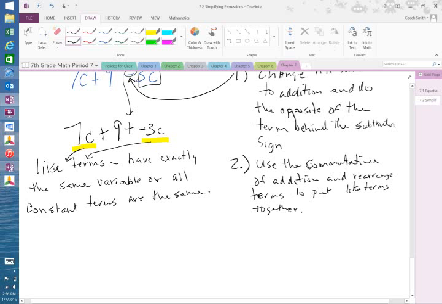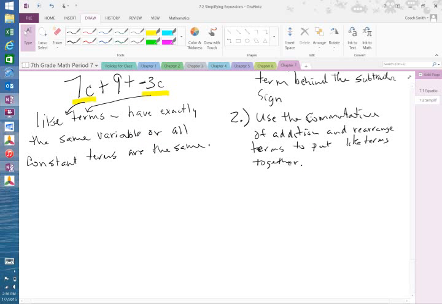We're going to go over that more tomorrow when we finish up this. So that means that I can do this: 7c plus negative 3c plus 9. That is the commutative property. I have rearranged the terms and made it where the like terms are closer together.